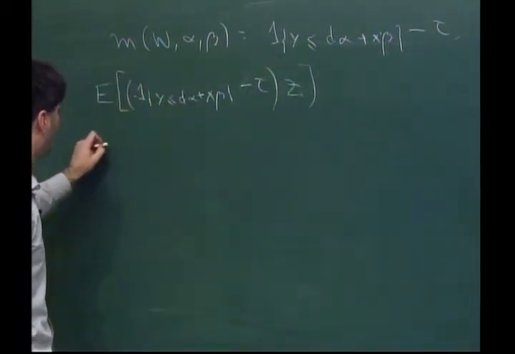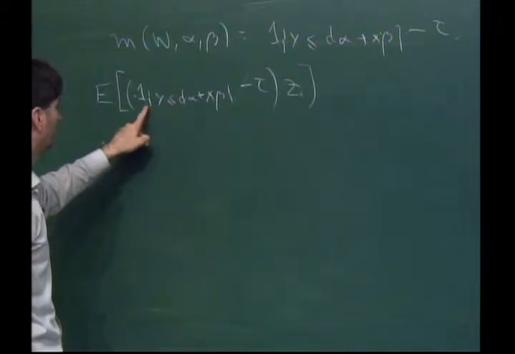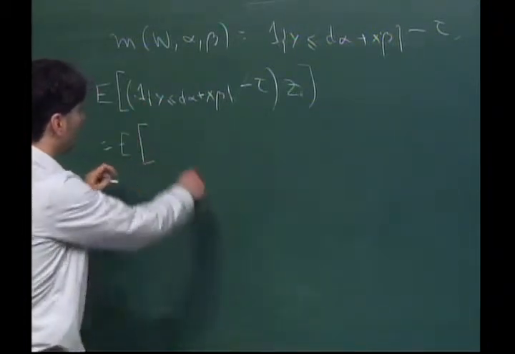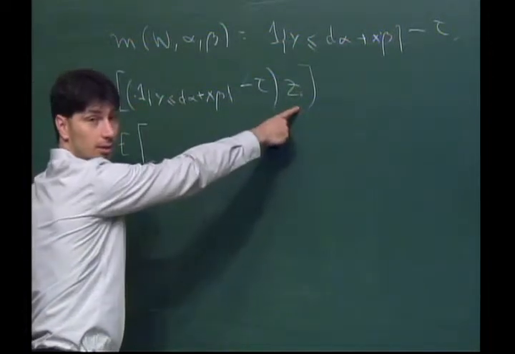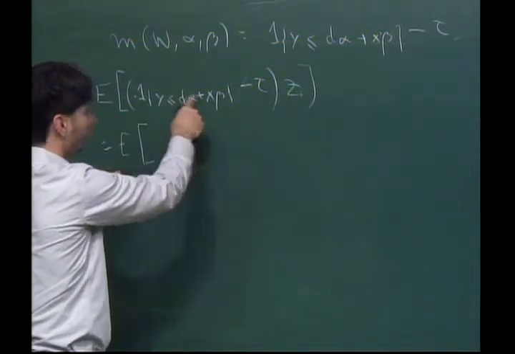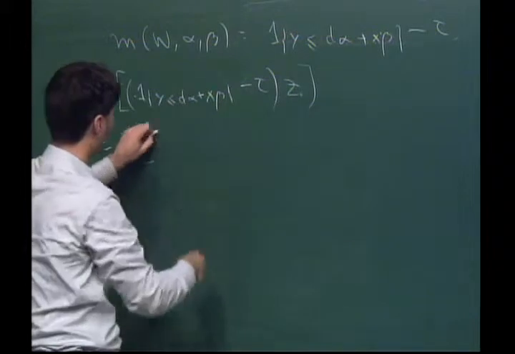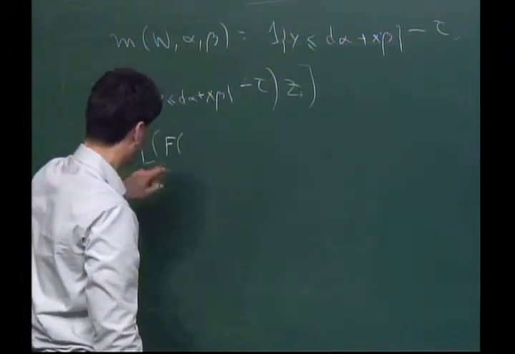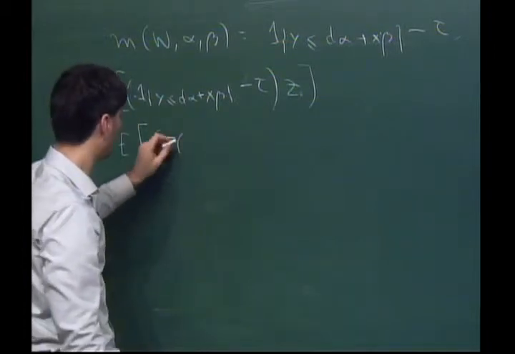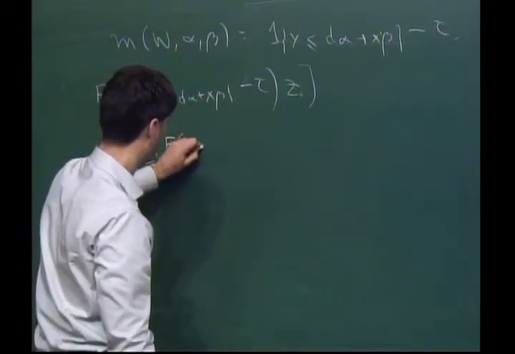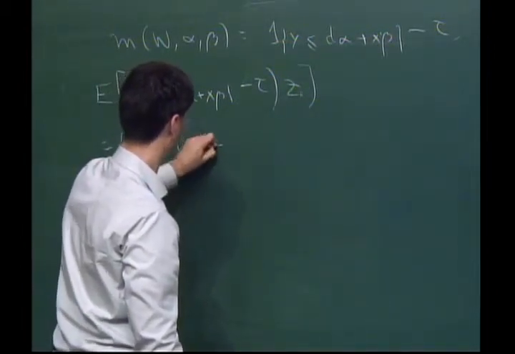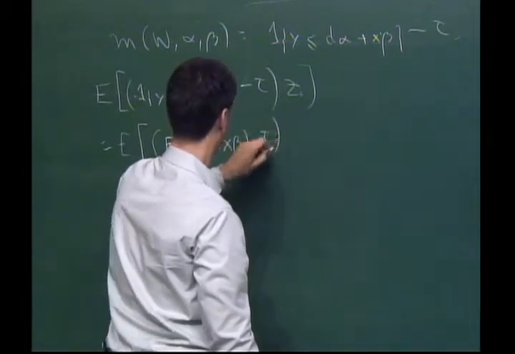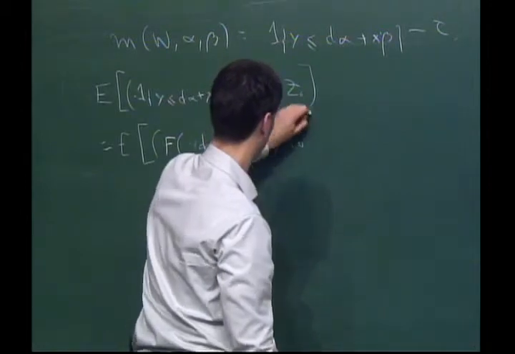Now I can actually take expectations with respect to y. Taking the expectation with respect to y gives you a probability, the cumulative distribution of y evaluated at d alpha plus x beta, minus tau, times z.